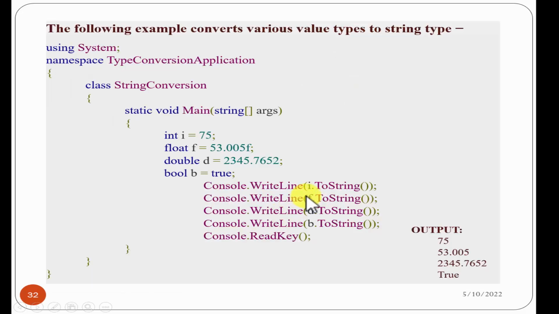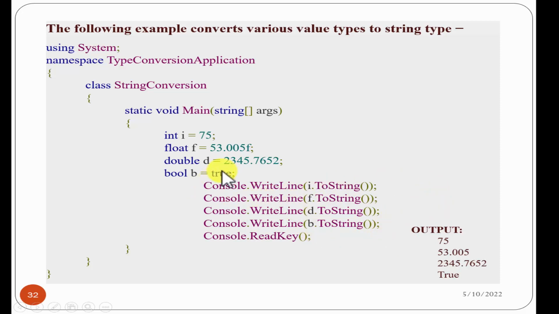So here we have used carefully i.ToString, where i is the name of the variable, then f.ToString, d.ToString and b.ToString. We can see just the name of the variable and the method ToString. It will directly convert integer to string, floating point value to string, double type to string, boolean to string.